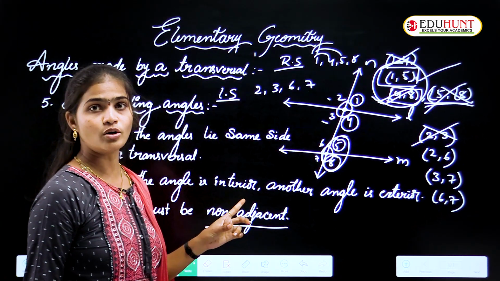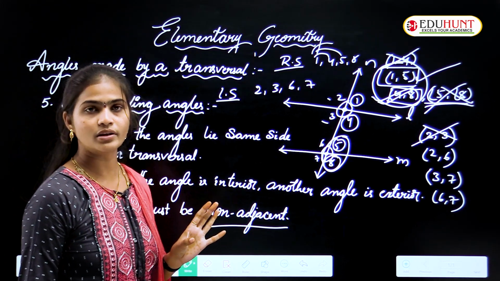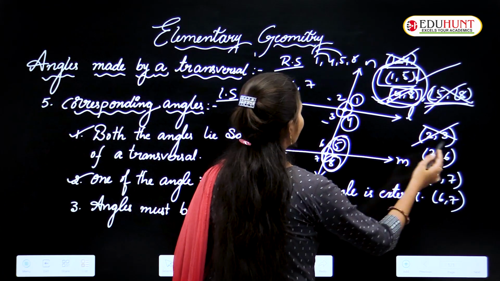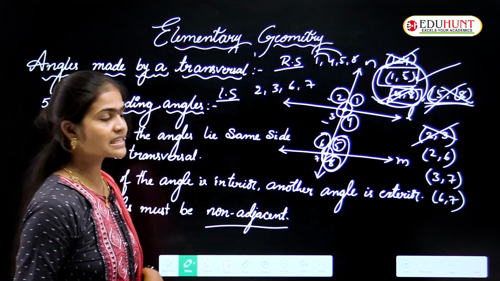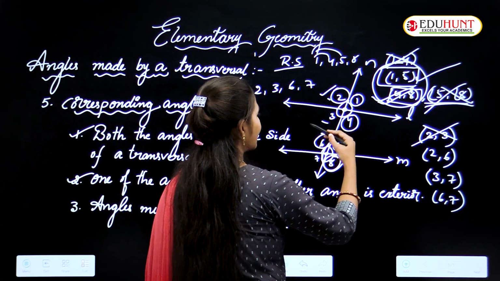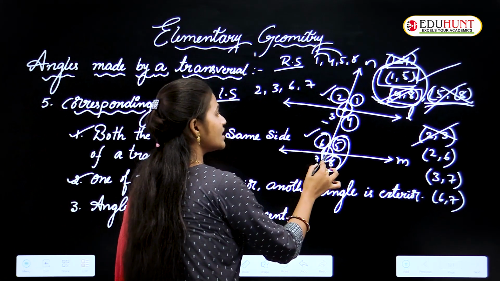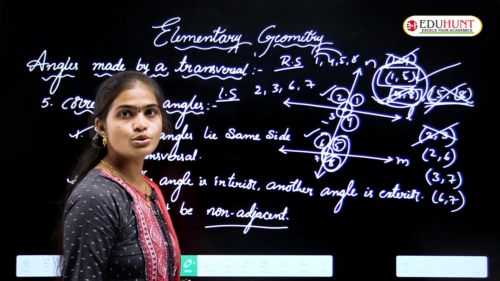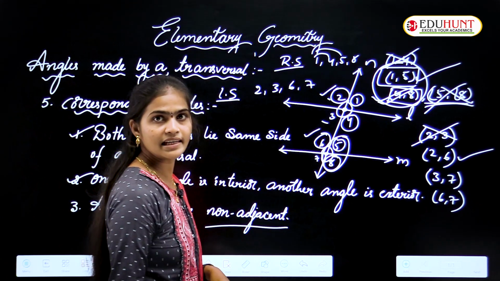If one point is not satisfying, then those two do not form corresponding angles. Okay. Next, 2 and 6. 2 and 6 lie on the same side of a transversal, and one of the angles is exterior, another one is interior, and those two form at 2 distinct points, which means those two are non-adjacent. So this is satisfying. Clear?